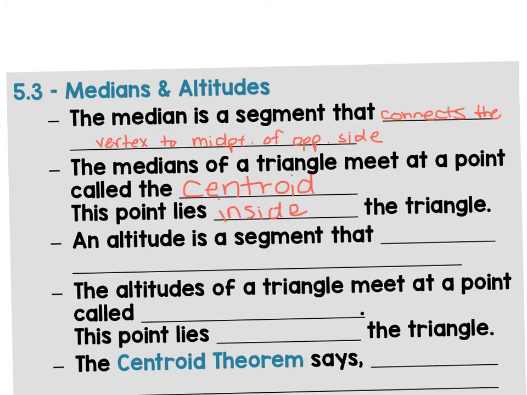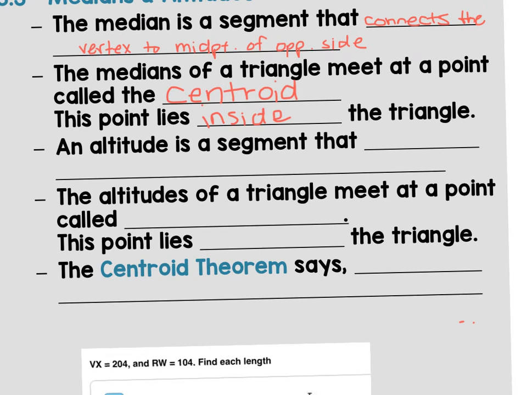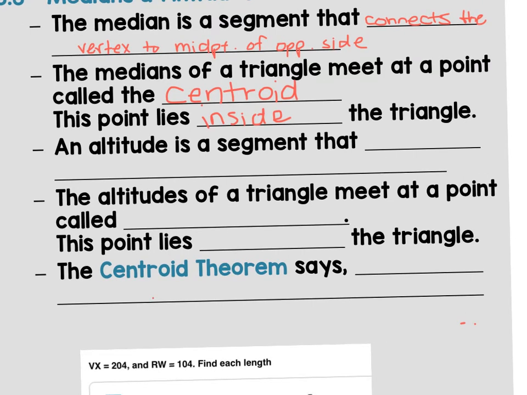And altitude is a segment that does what? Isn't it on the centroid? Nope, centroid is medians. So the altitude does what? Finds the height. The altitude is the height. It goes vertex to what? What about where it meets is important?